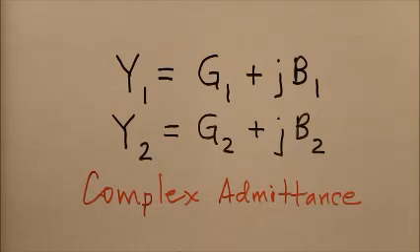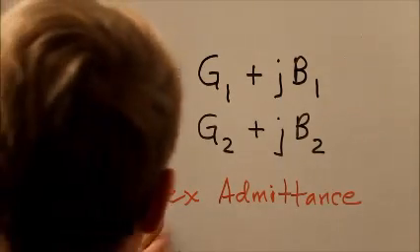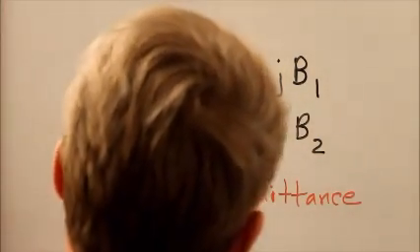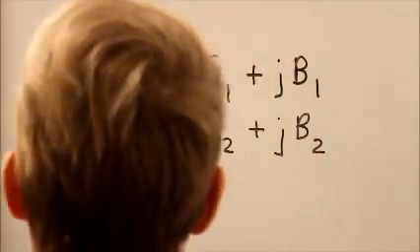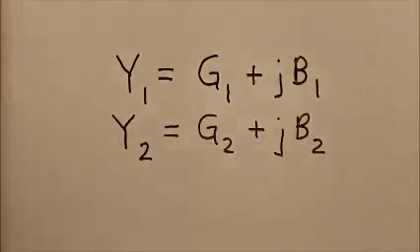We talk about admittance in order to facilitate discussing parallel connected components. If we work with impedance, that's easy to work with in series connected components, but very difficult with parallel connected components.